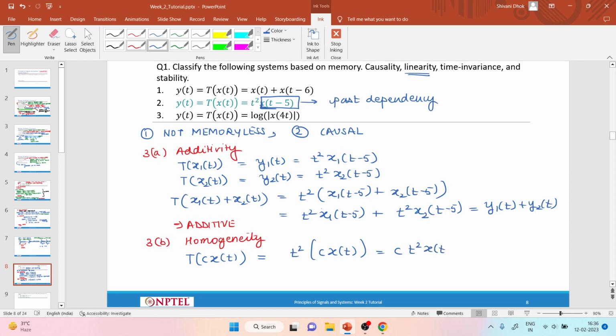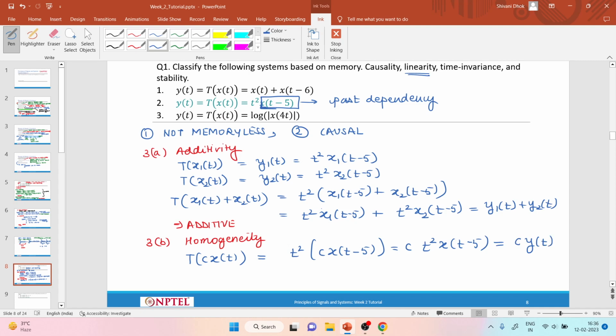I'm sorry, this is minus 5, which is equal to c into t square times x of t minus 5, which is equal to c times y of t.